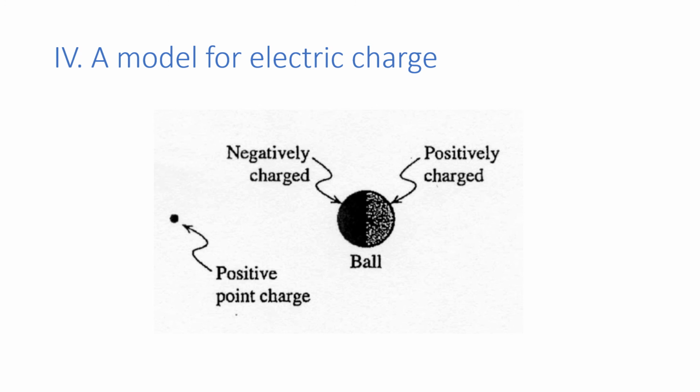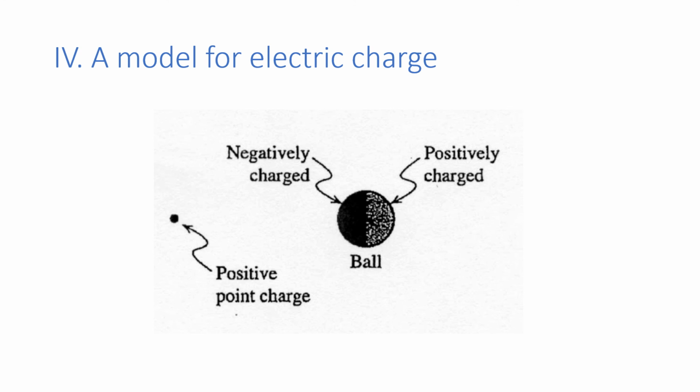It's very simple to understand, because the negatively charged hemisphere will definitely attract the positive point charge, because we know opposite charges attract each other. And similarly, the positively charged hemisphere will repel the positive point charge.